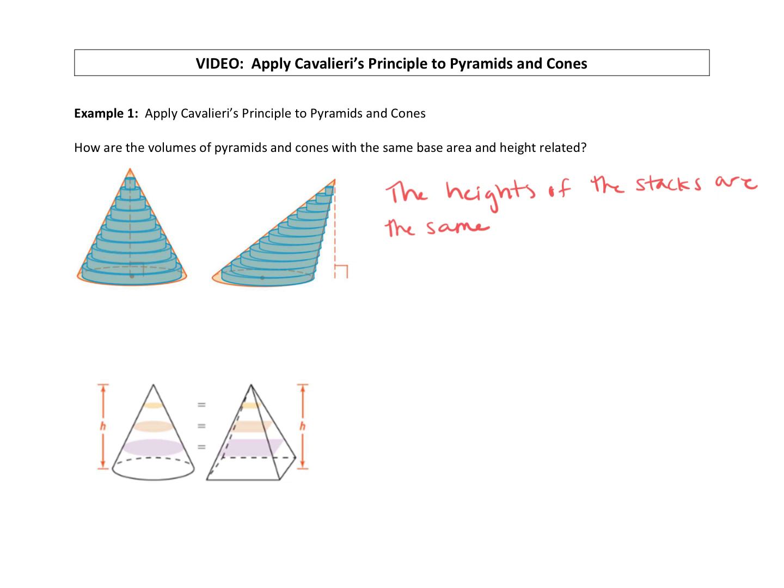So the area at each level is the same, and you can consider this the area of each cross section. So what that tells us is that the total volume of each stack will be the same.